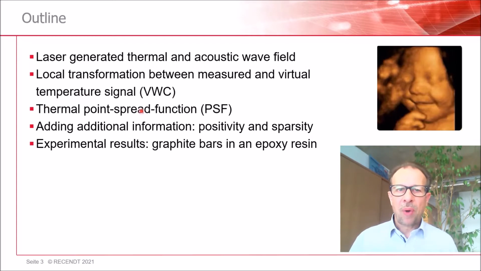The thermal point spread function, that's the resolution you can gain for tomographic imaging. And by adding additional information such as positivity or sparsity, we can show that we can gain much higher resolution. This will be shown on an experimental example with graphite bars in an epoxy resin.